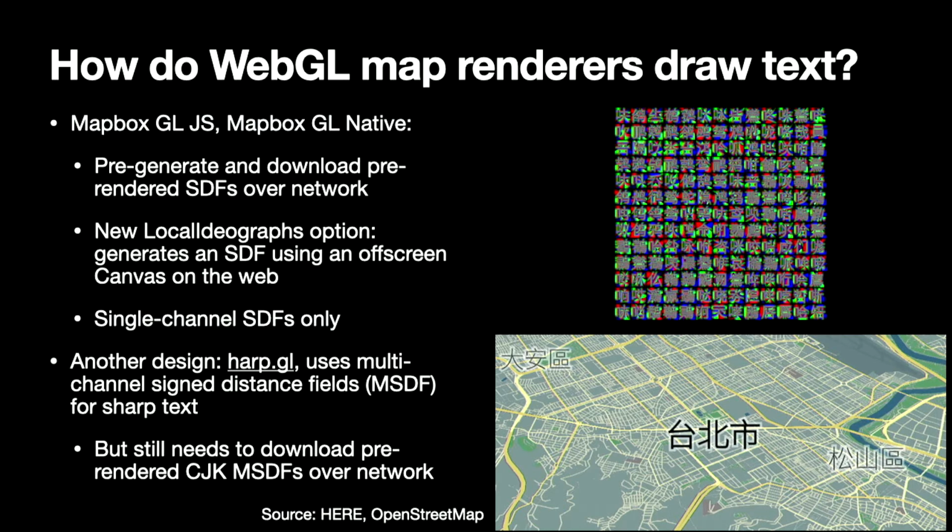This can get really slow when you're browsing an area that has completely Chinese place names, because it will need to fetch a range of Unicode glyphs each time you pan the map around. So this is really not ideal for CJK characters. Oh, and there is a new feature in Mapbox GL called local ideographs, and that will actually avoid the network, but you're limited to local fonts only.